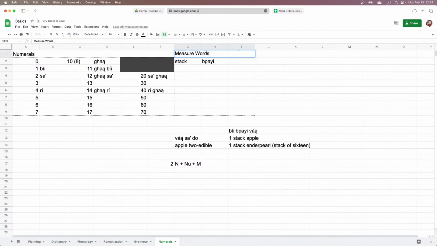I suppose I could just list all the measure words up here. So edible, do, there's no O in the language. Da, da.